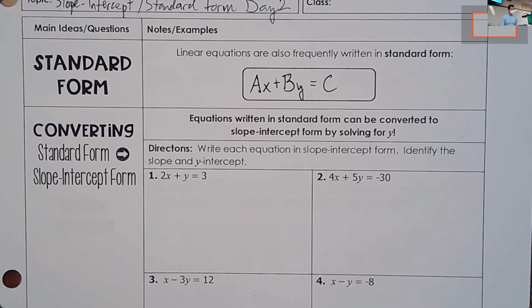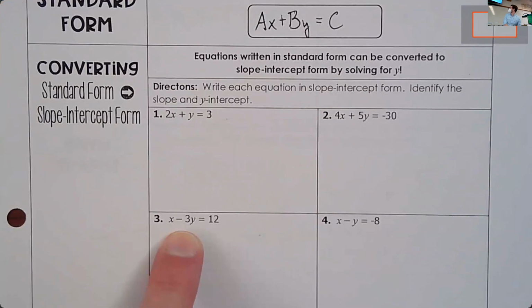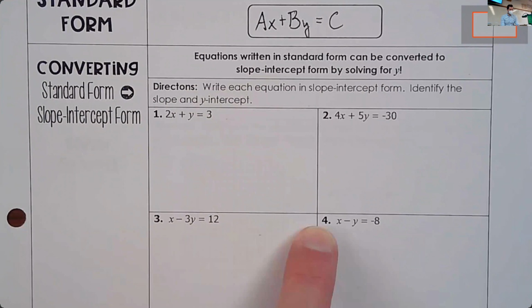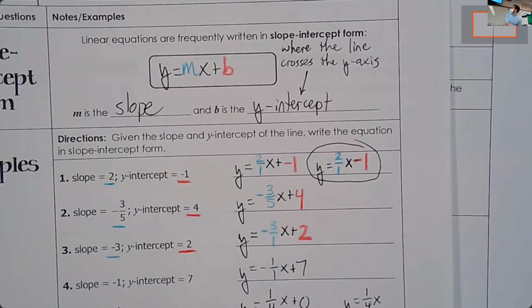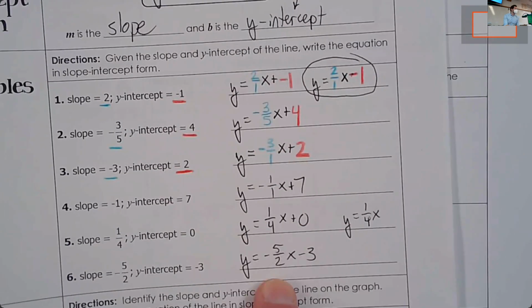Like the types of numbers, 4, 5, negative 30, 2. This would be a 1 if there was a number next to the Y, 3, 1, negative 3, 12, 1, negative 1, negative 8. Whereas with slope-intercept form, we had like negative 3/5, or we had 1/4, or negative 5/2.